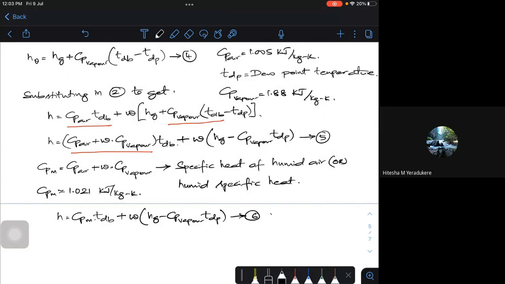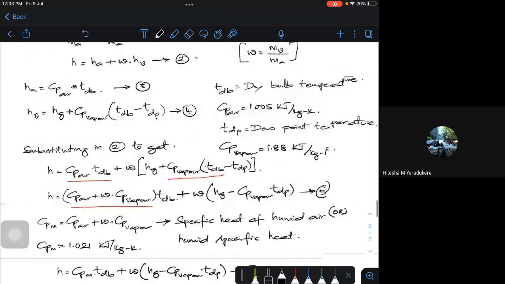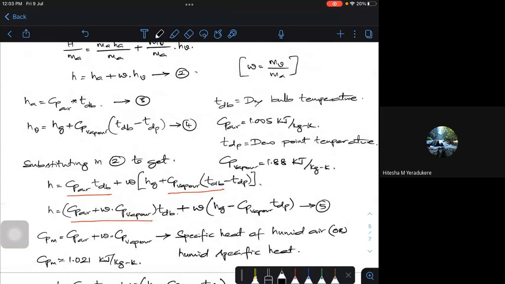Now, if you closely observe H of vapor and H of air, H of vapor is equal to Hc.